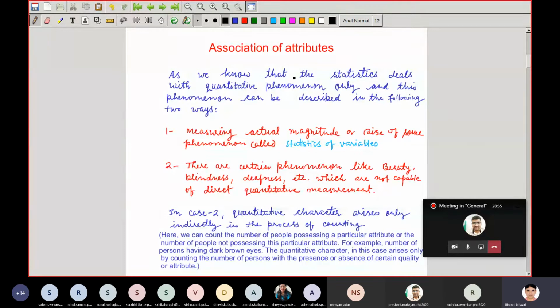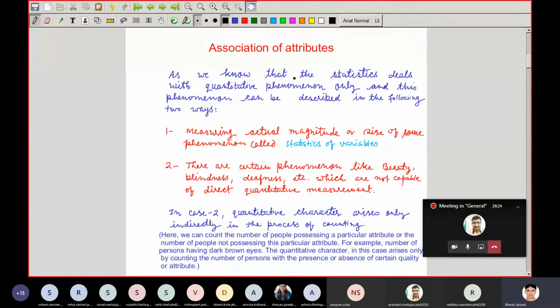beauty and so on, where quantitative analysis cannot be done, or which are not capable of direct quantitative measurement. We cannot say how much beauty, 2.5 beauty or 100 beauty, or how much blindness or deafness. We cannot describe that directly, we cannot describe it in terms of quantity.